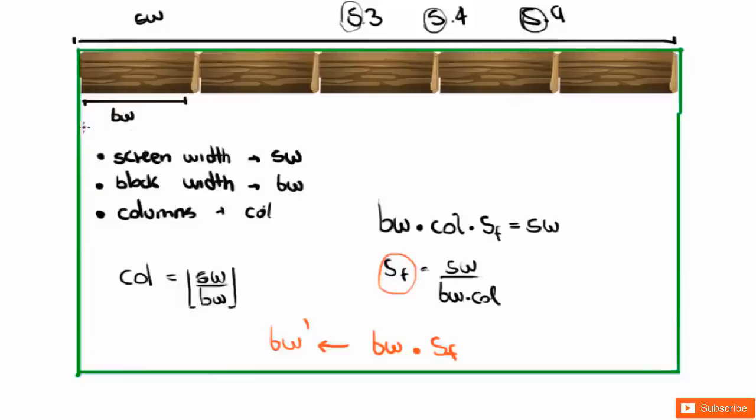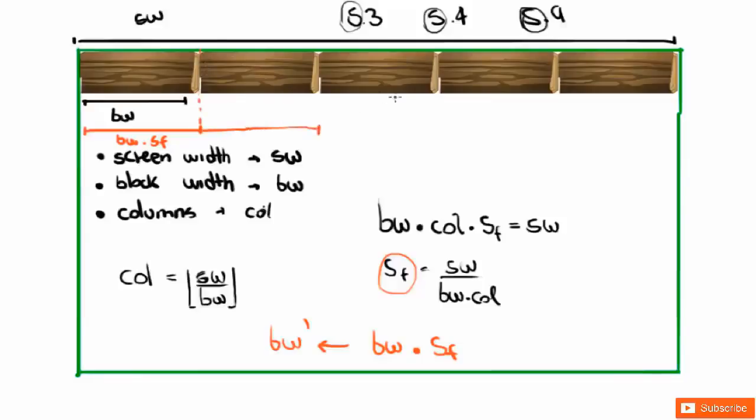So in this case, BW times SF would be this. And since this block ends up here, we're going to start the second block later as well. So it's going to move even further.